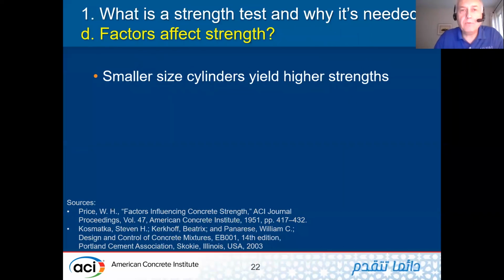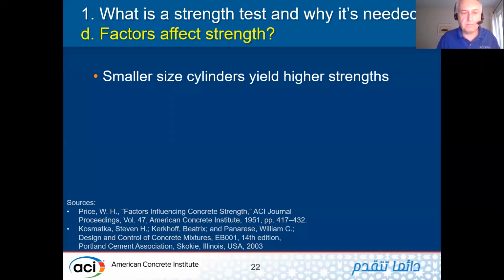So now that we know how to prepare them, very few words about factors affecting strength. We are not discussing the whole topic. It's just a few of those things, because many people ask, do I go with the smaller cylinder size? Do I go with the bigger one?